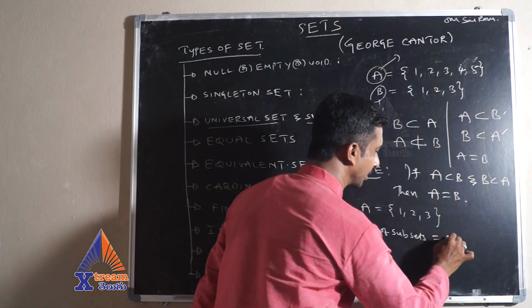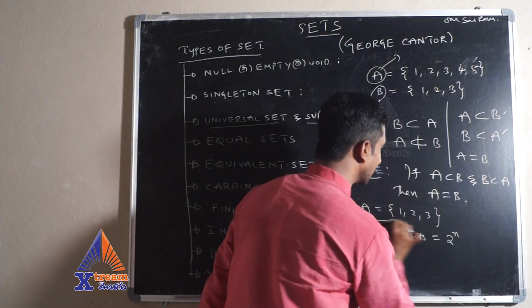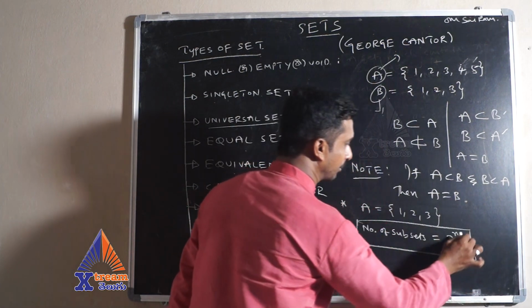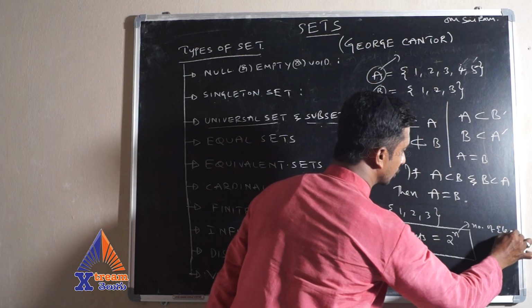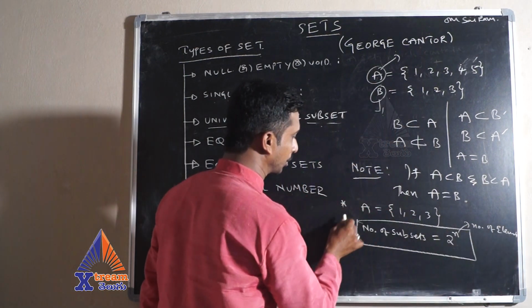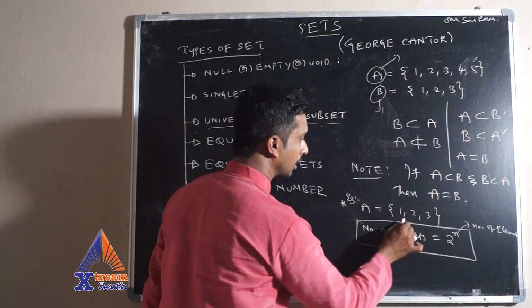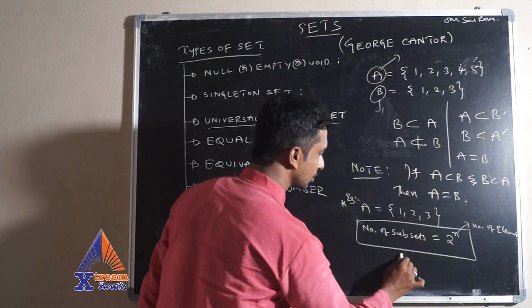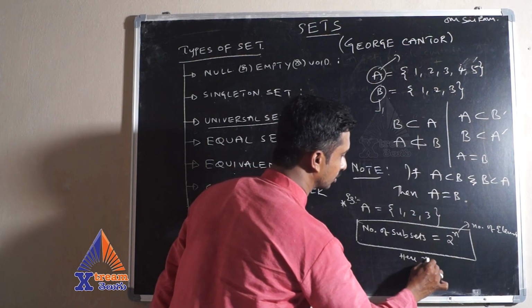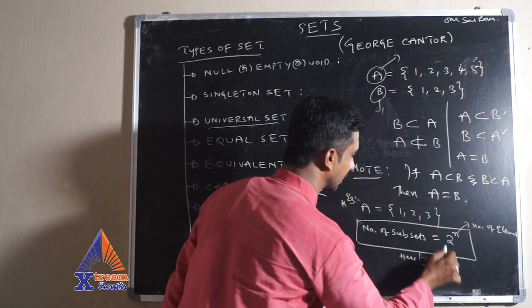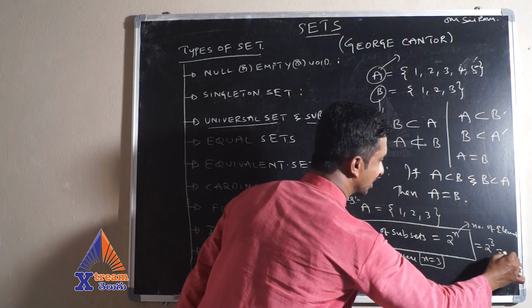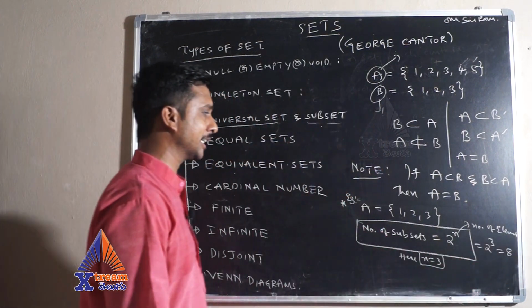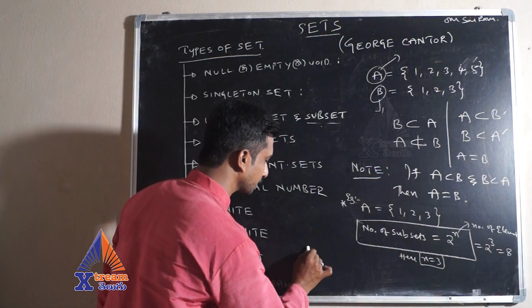The number of subsets is given by 2 power n, where n is the number of elements. In the above example, how many elements are there? 3. So here n is equal to 3. So the number of subsets is 2 power 3, that is 8. 2 cube is 8.